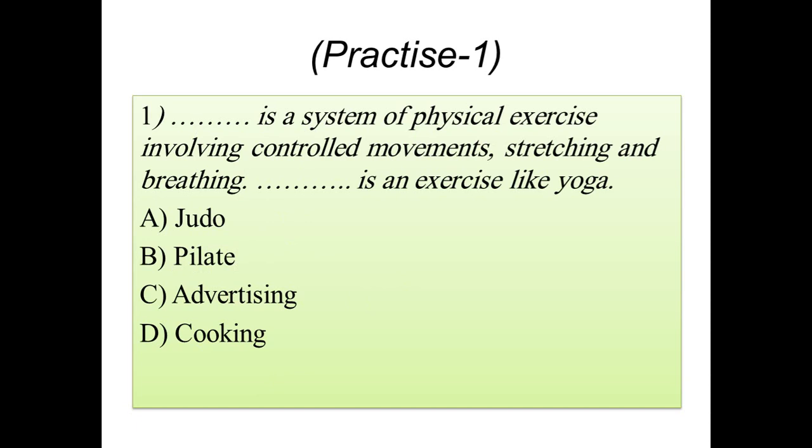You move your hands upward, you move them downward. So it's exercises involving controlled movement, all the movements that we do while exercising, like stretching and breathing. Stretching, we stretch our body like this when bowing, and you do some breathing exercises that help your lungs.